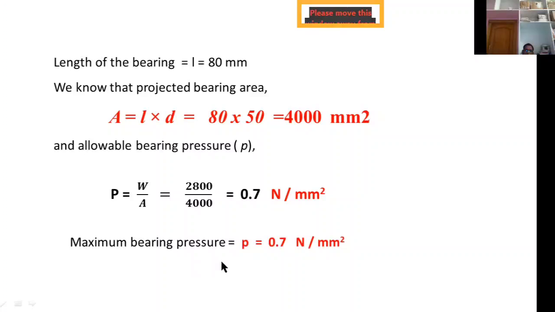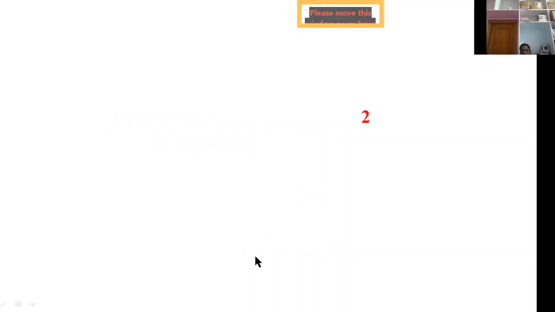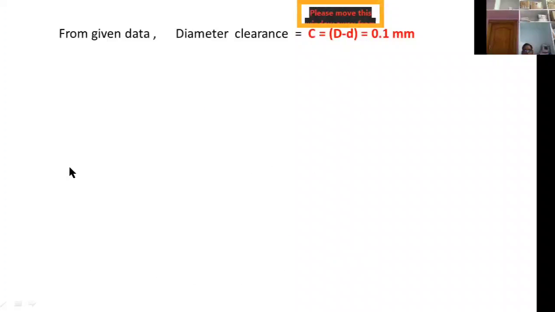So therefore bearing pressure equal to 0.7, but this bearing pressure is not necessary for this problem. Just I find out this value. There is no need of this value. From given data we have to find the value of speed n.